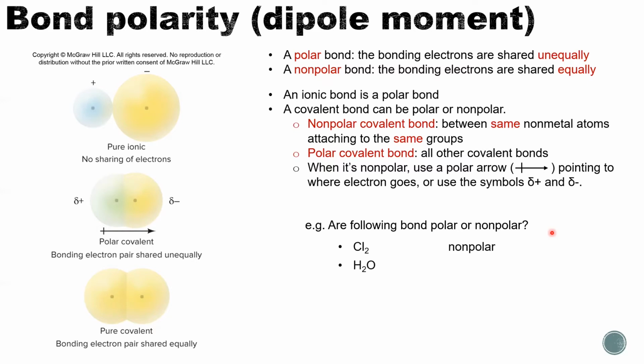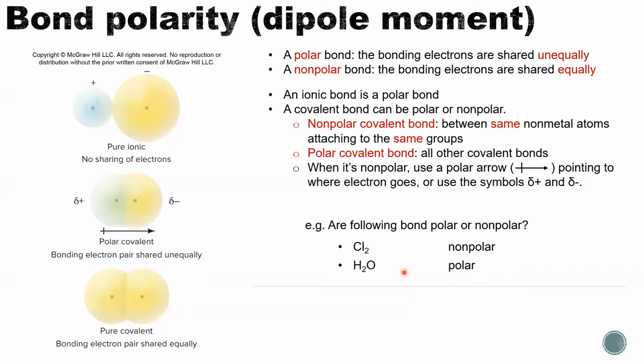Then how about water? The structure of water is oxygen in the center and hydrogen on the side. The oxygen and hydrogen, the two bonding atoms, are not the same, so we call this a polar covalent bond.